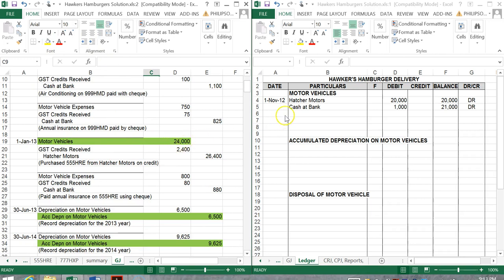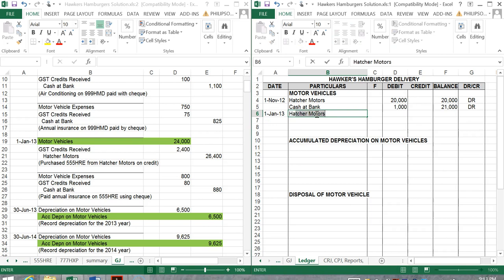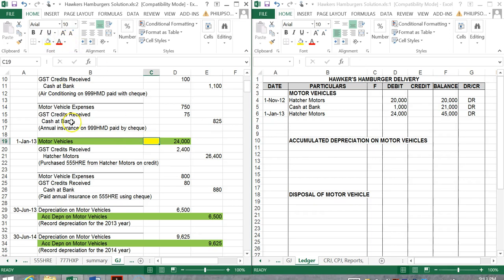Okay, motor vehicles 24,000 on the 1st of Jan 13. Particulars again of Hatcher Motors. And we're sending $24,000 debit to this account. Adding a debit to a debit, so equals 21 plus 24. Done.